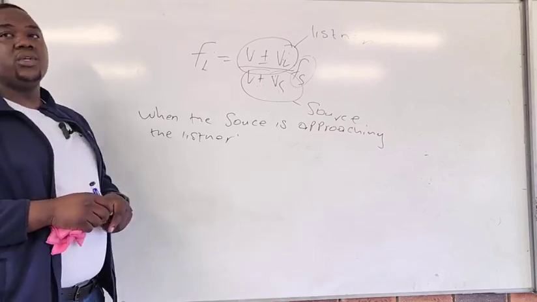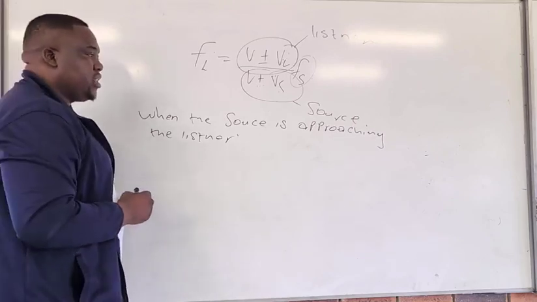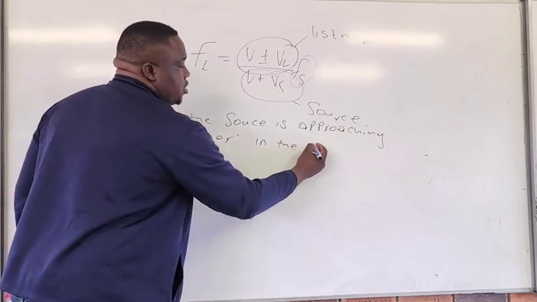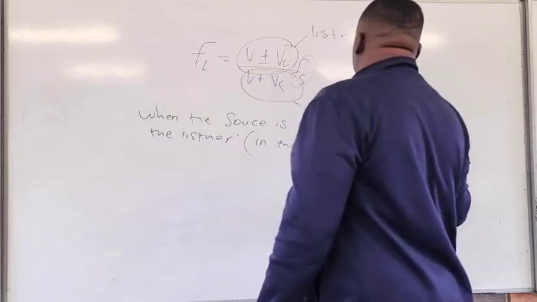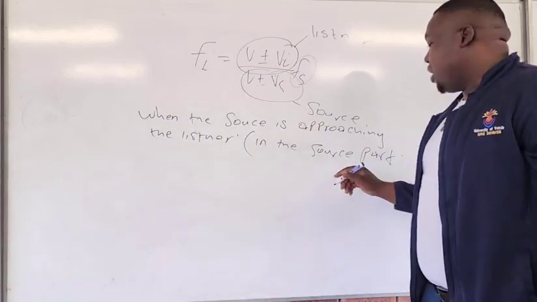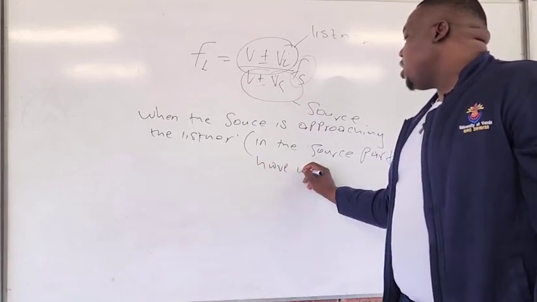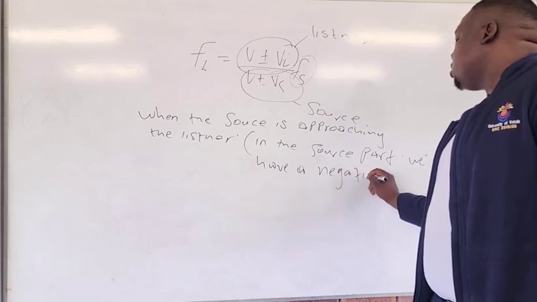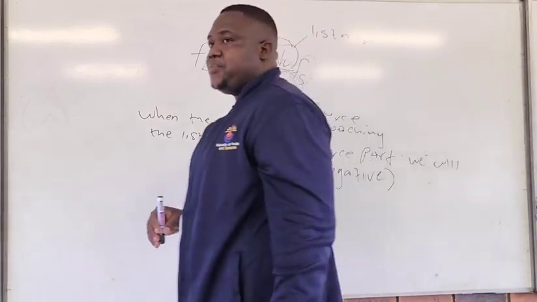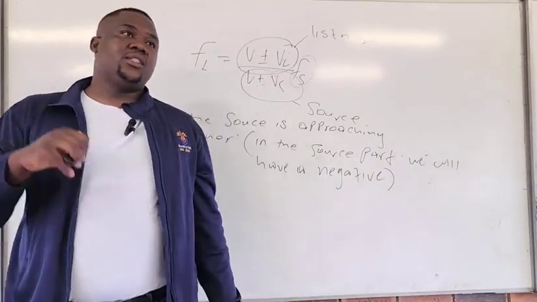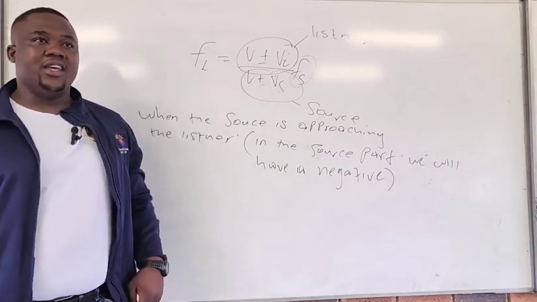It means that in the source part, this side, we will have a negative. We'll have a negative when a source is getting closer to the listener. When the source is getting closer to the listener, it means in the source it is negative.